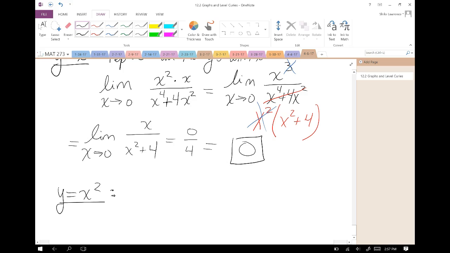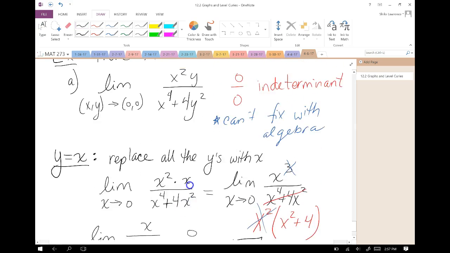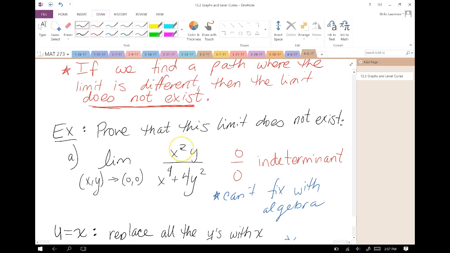So that means we're going to replace all the y's with x squareds. So go back to your original.